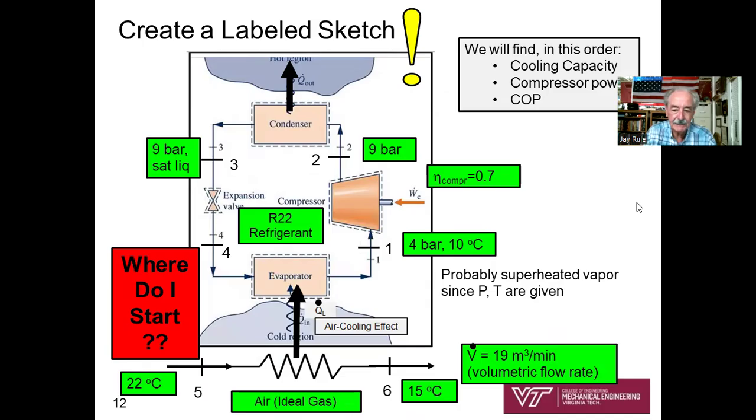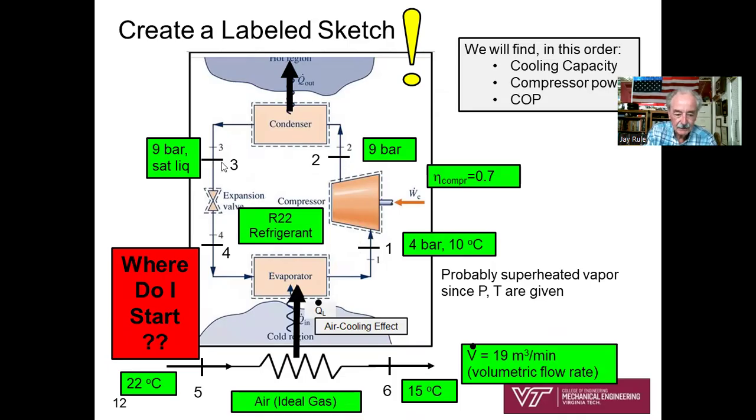Okay, now let's draw a formal sketch of what I had in that schematic. Here's a formal sketch. I've taken a screenshot of the basic refrigeration cycle and labeled the states consistent with your textbook. State 1 goes into the compressor. State 2 leaves the compressor, going into the condenser.